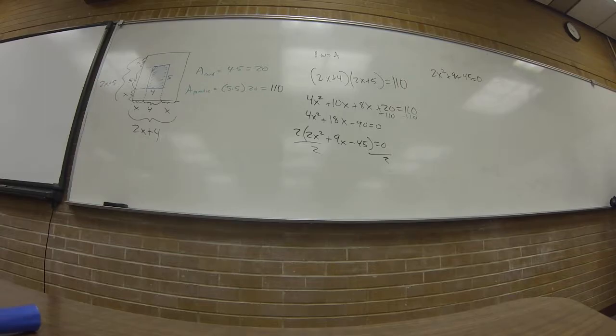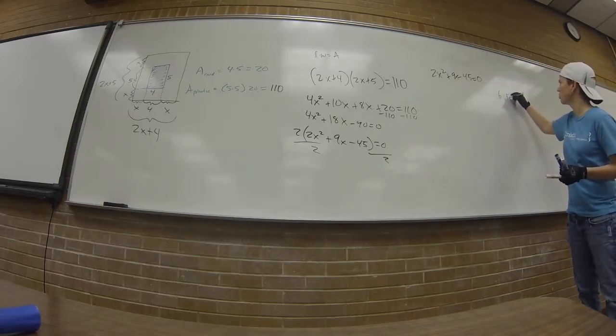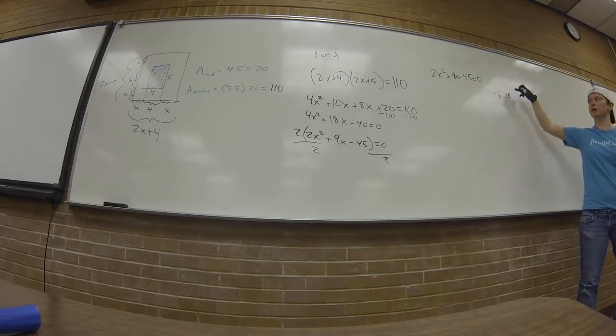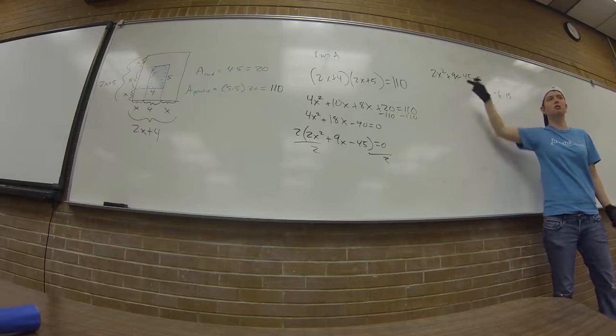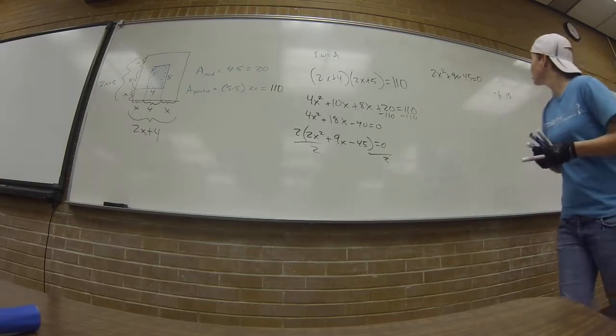Doesn't divide by 4. 6 and 15. So 6 times 15 is 90. We need one of them to be negative. Which one? So negative 6 times 15 is negative 90, and negative 6 plus 15 is 9. We alright with that? Okay.